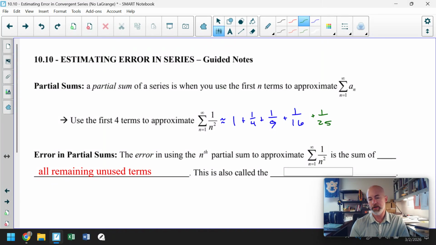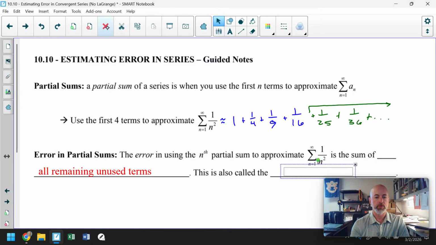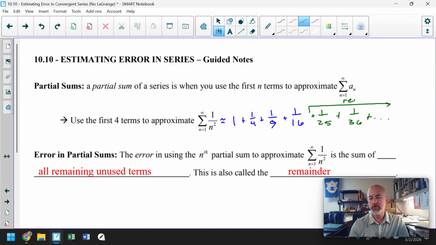If I went on and wrote a couple more, and this series does go on forever, all of these terms that I did not include in my approximation would be the error, and that is also called the remainder. Our challenge is to approximate what that remainder is, because if I can get an upper bound on it, then I can know how accurate my partial sum is.